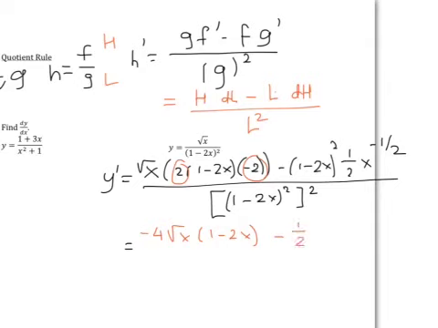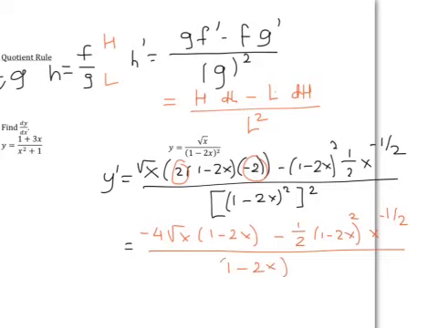So we have half 1 minus 2x squared, and then we have x to the negative 1 over 2 all over 1 minus 2x, and we can multiply the powers together because it's power to a power, so make it 4. Alright, that's it for this video.